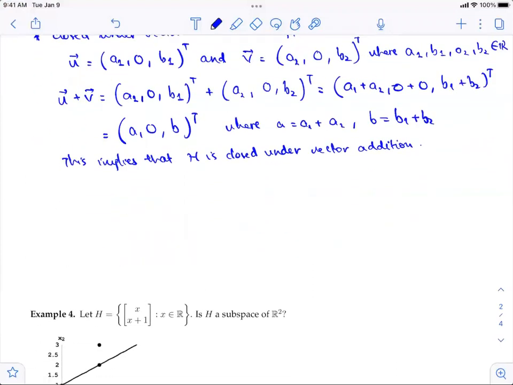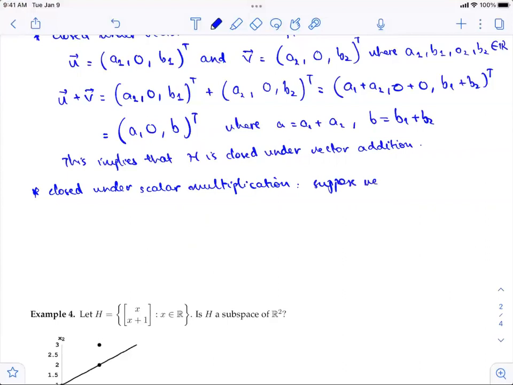Now, for the last condition, you need to show that H is closed under scalar multiplication.